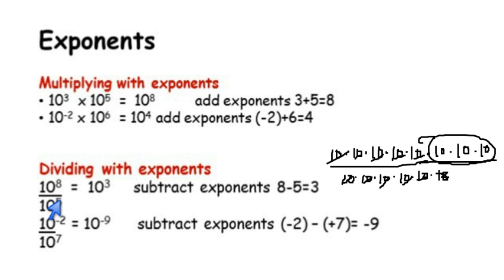So when you divide 10 to a power by 10 to a power, it's top minus bottom.